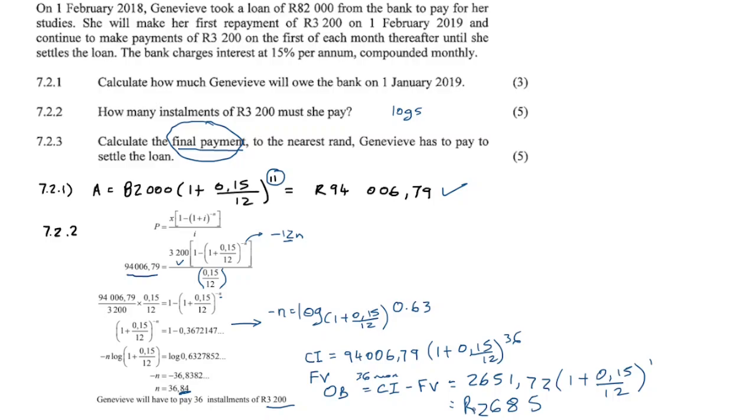And so that's how you do a final payment. You can also do it by doing, at this stage here, the outstanding balance. You could do it present value for the decimals remaining, and that would also bring you back to the end of the 36th month, and it will be the same figure that you then compound for 1 month. I hope this video was helpful for you.